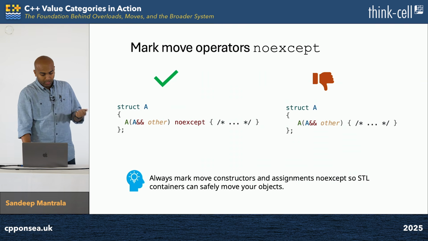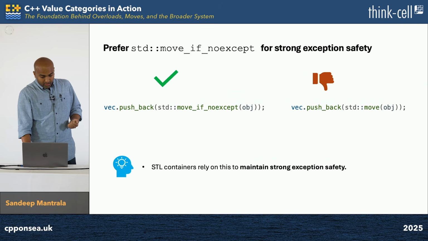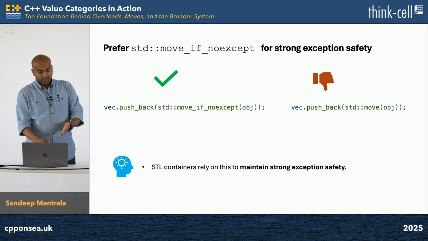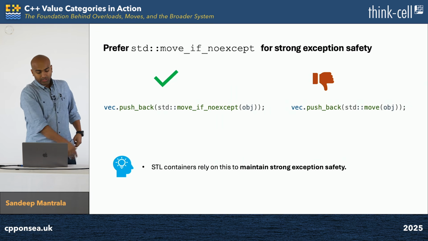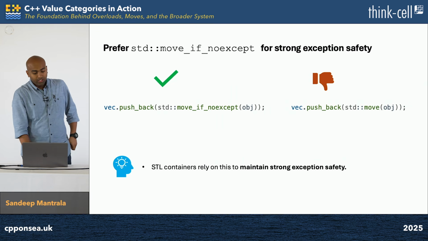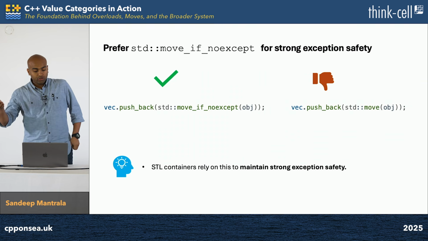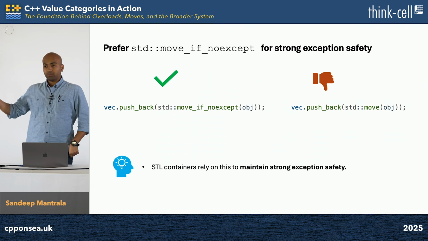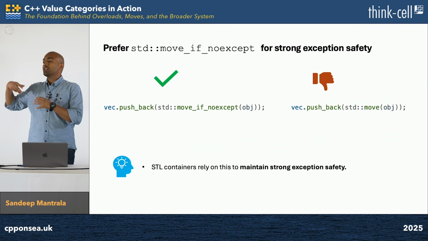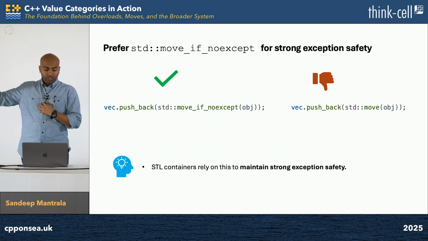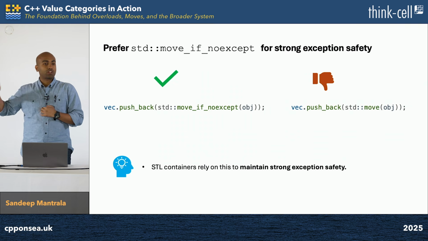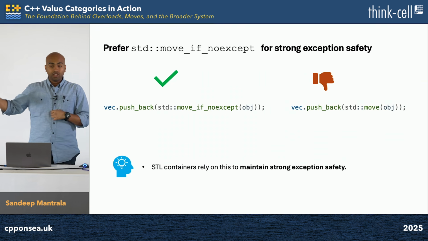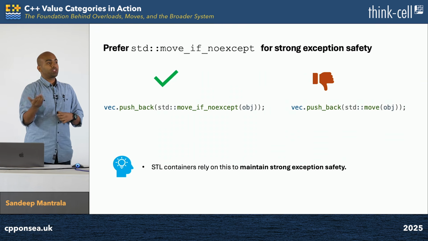So it is important to mark move constructors and move assignment operators with noexcept. It is directly related to the previous slide as well. Vectors internally implement something called std::move_if_noexcept. They check whether the move constructor has strong exception guarantees or not, and only then it uses move. Otherwise, it uses copy.